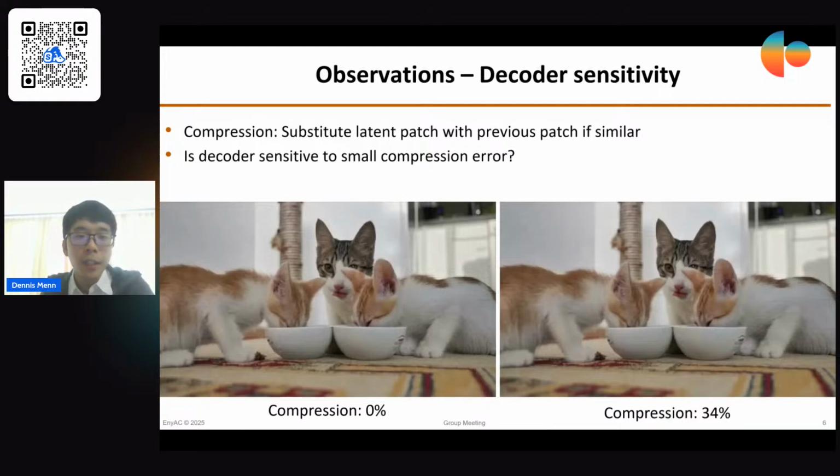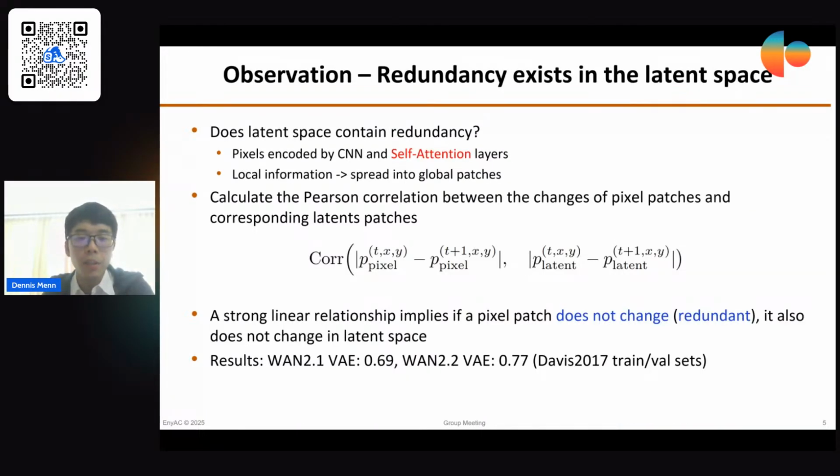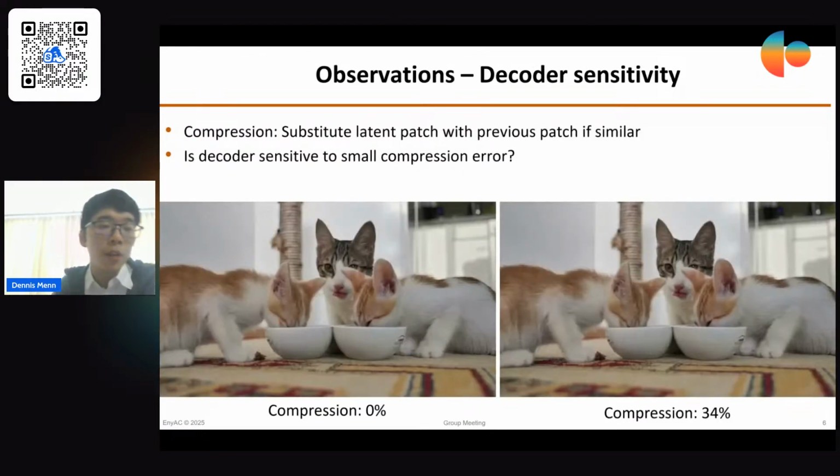After knowing that the changes in pixel space do transfer into changes in latent space, the next question we want to ask is, is the decoder sensitive to compression error? What we mean by compression error here is that we substitute the latent patch in the current frame with the previous patch if the difference, measured in L1, is small. For the video on the left-hand side, we do not compress at all.